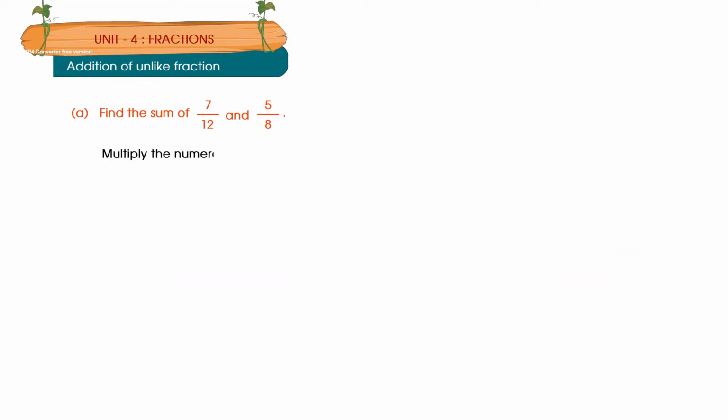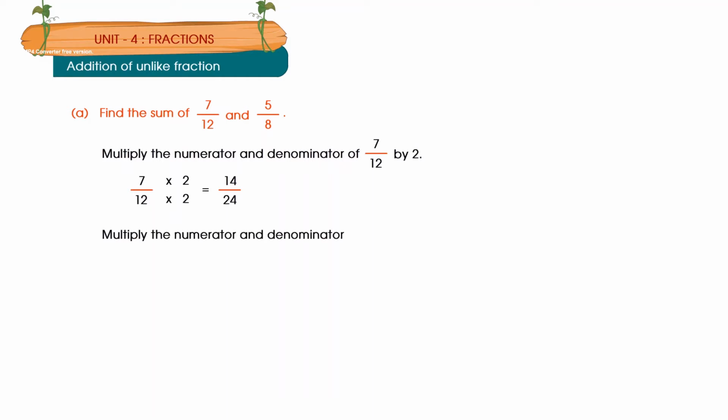Multiply the numerator and denominator of 7/12 by 2. 7 × 2 is equal to 14. 12 × 2 is equal to 24. Multiply the numerator and denominator of 5/8 by 3. 5 × 3 is equal to 15. 8 × 3 is equal to 24.